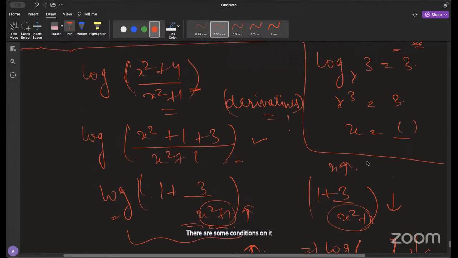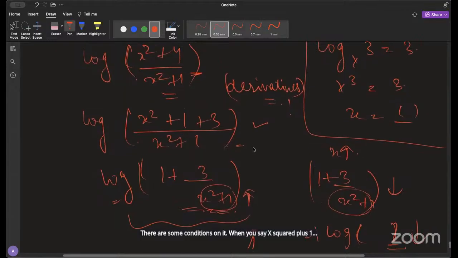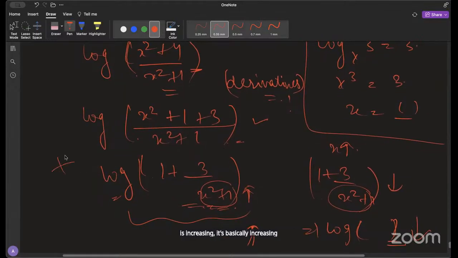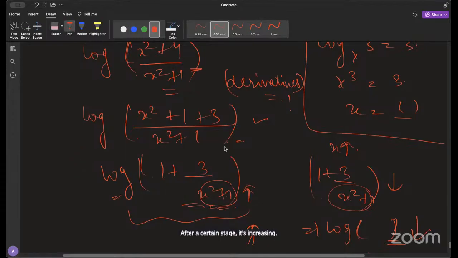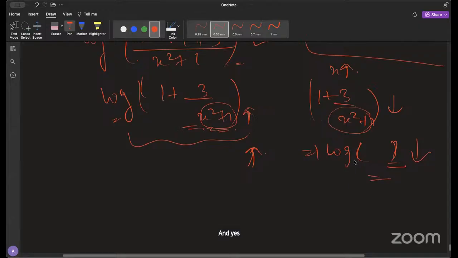When you say x square plus 1 is increasing, it's basically increasing, but because it's a quad, again, something like this, it's not always increasing, but after a certain stage, it's increasing. Yes, what were you saying? Ma'am, it will increase now the x square. Yes, this x square will increase in a particular domain, and let's just say we are taking that particular domain.